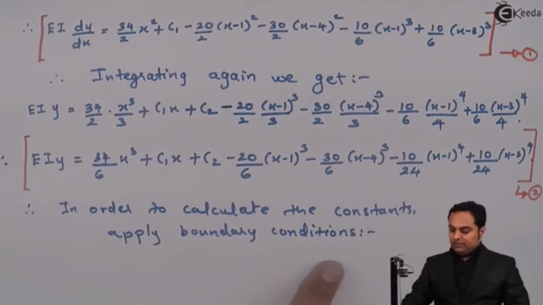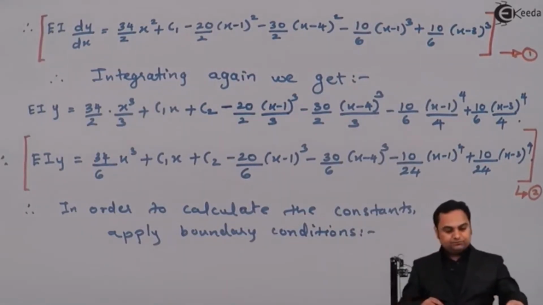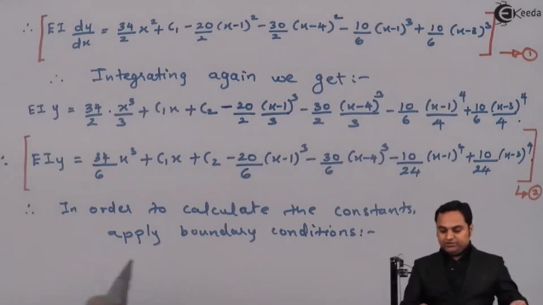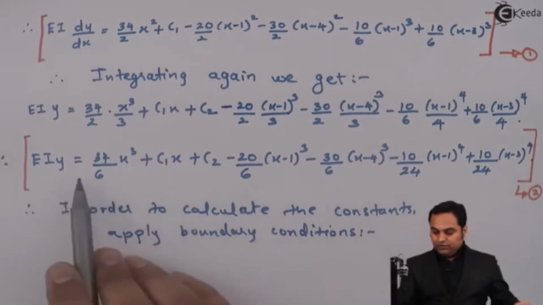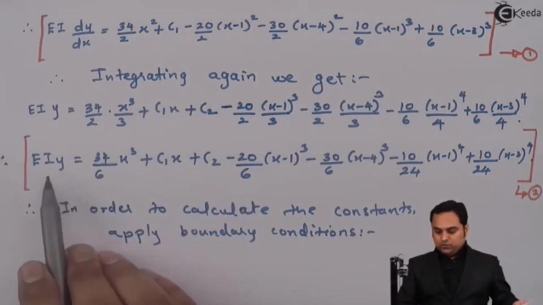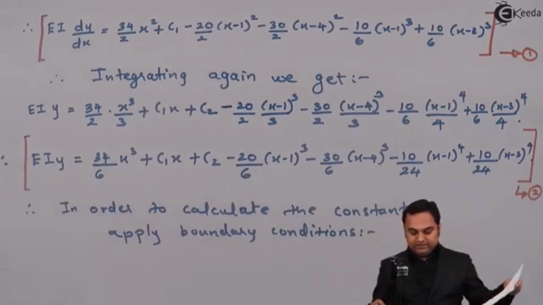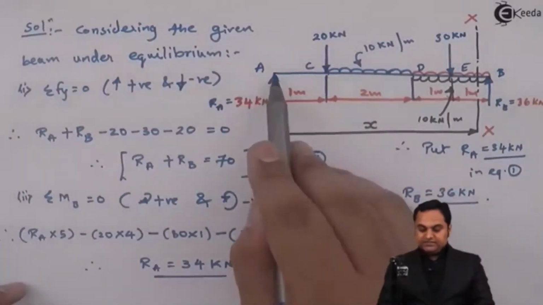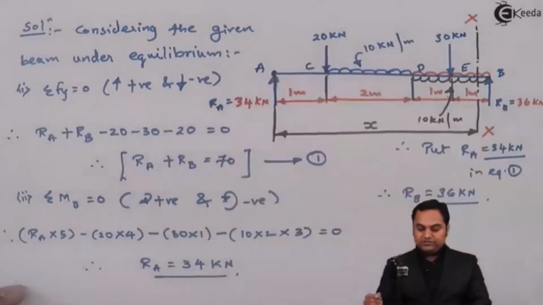When I am applying the boundary conditions, we need to put the values in the equation of y, which is the deflection equation. So the first boundary condition will be when the distance x is 0, there is no deflection, so deflection is 0.